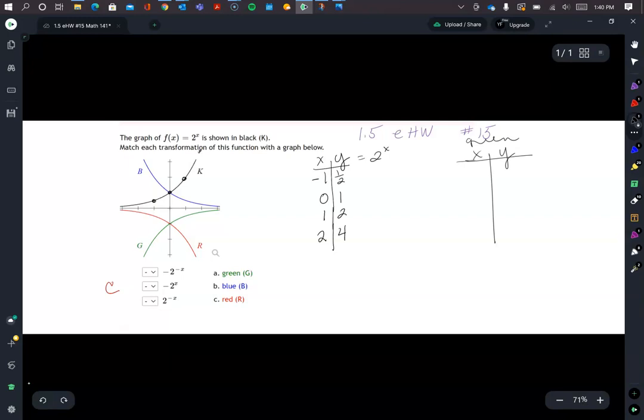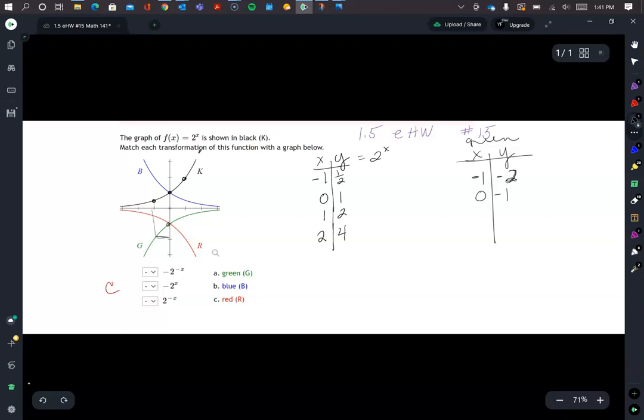Okay, so if I look at the green, instead of 0, 1, I have 0, -1. So I know my y changed to a negative. And let's look at when I have -1 for my x value. About here, my y value is -2.